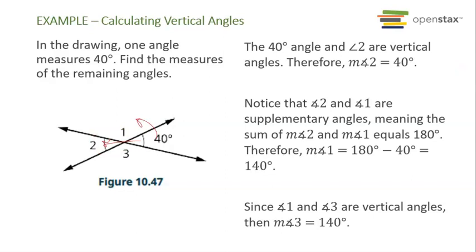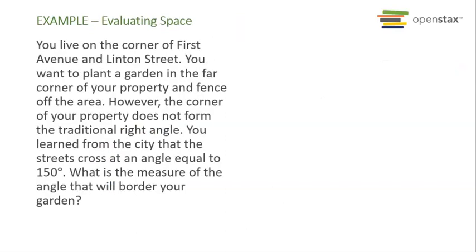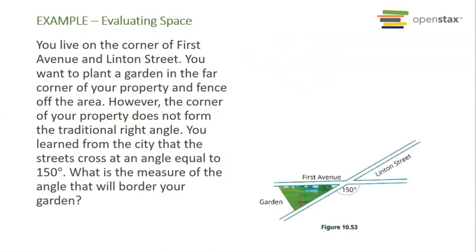Let's look at an application of this. Say you live on the corner of First Avenue and Linton Street, and you want to plant a garden. So let me grab a picture. There we go. Looks something like that. This is Linton Street.